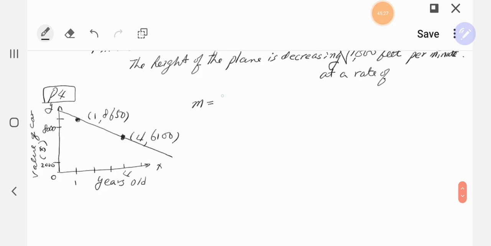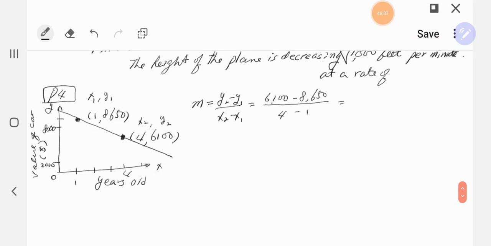Find the slope. So slope is y2 minus y1 over x2 minus x1. So changes in the value. I will use x1, y1 here, then 4 is x2, y2. So 6,100 minus 8,650 over 4 minus 1.